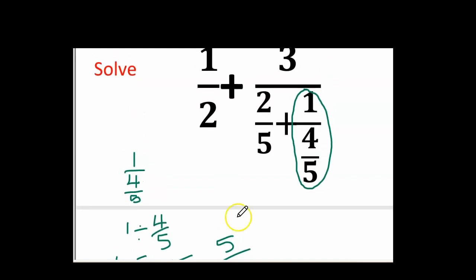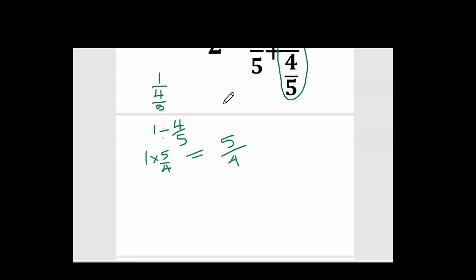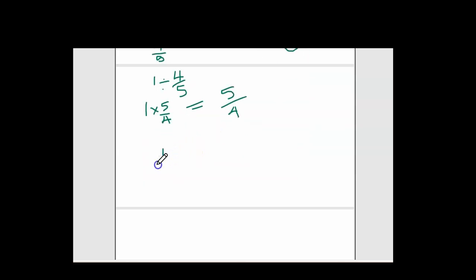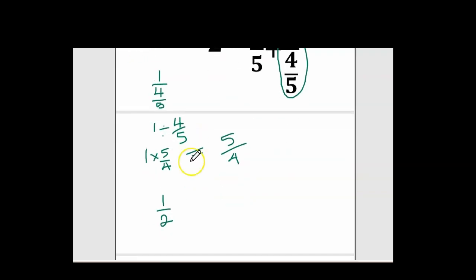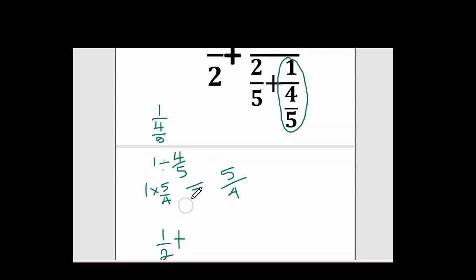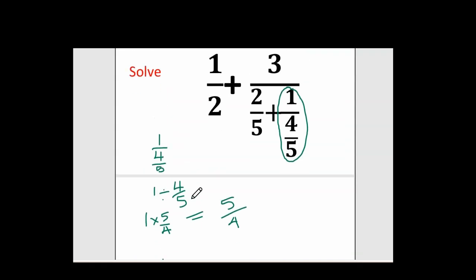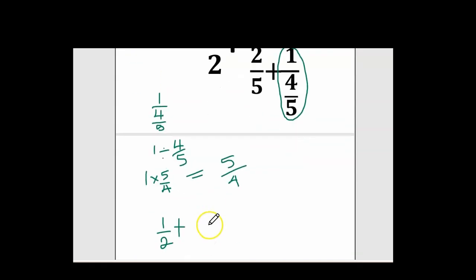If you write your fraction all over, what are you going to have now? You're going to have 1 over 2, then plus 3 over what?